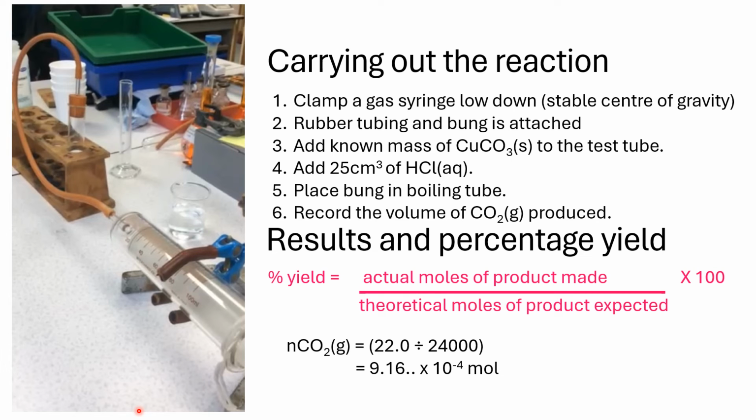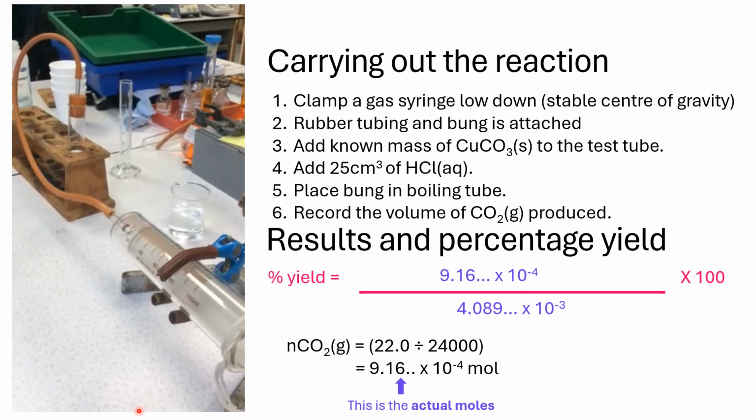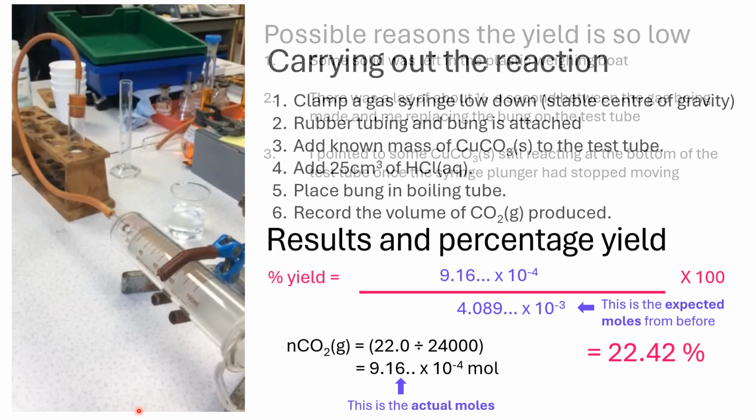So putting that into our percentage yield calculation, the actual moles goes on the top, and the 4.089 times 10 to the minus 3 we worked out before is the expected moles. So dividing one by the other, you get 22.42%, which is quite low.